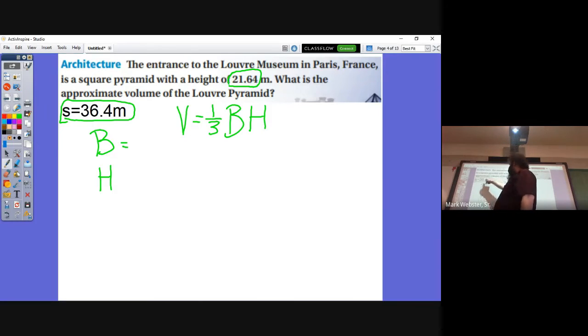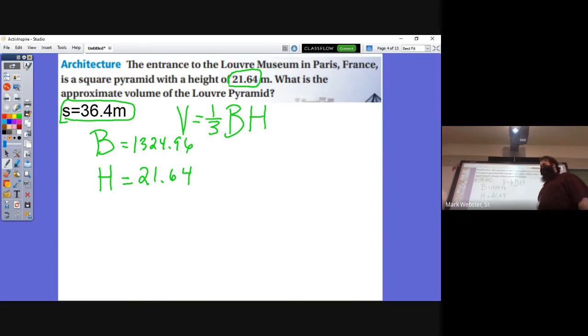So the area of the base is just side times side, 36.4 times 36.4, which is 1324.96. And then the height is just right here. We just read it off: 21.64. So now from here, all we have to do is multiply those two and divide by 3, right?